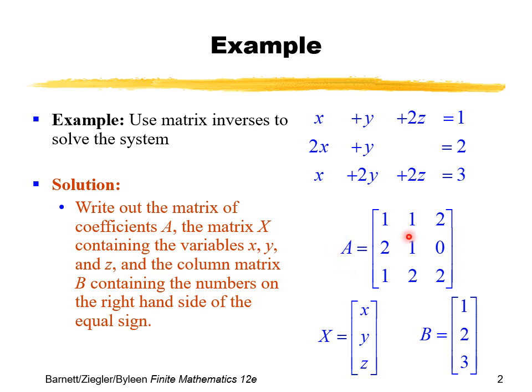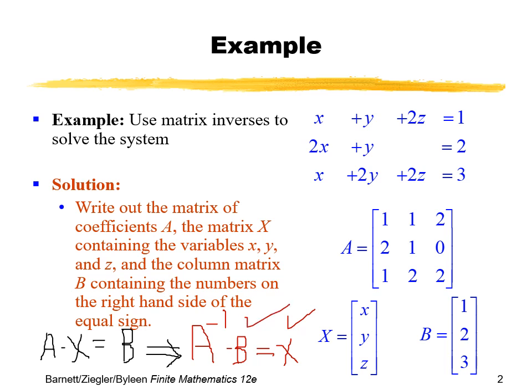Then we have to apply an equation. It starts from A times X equals B, until it reaches the final shape, which is A minus 1, the inverse, times B equals X. So we have the B matrix and we want the X matrix, but we don't have the inverse of A, or A to the power negative 1.